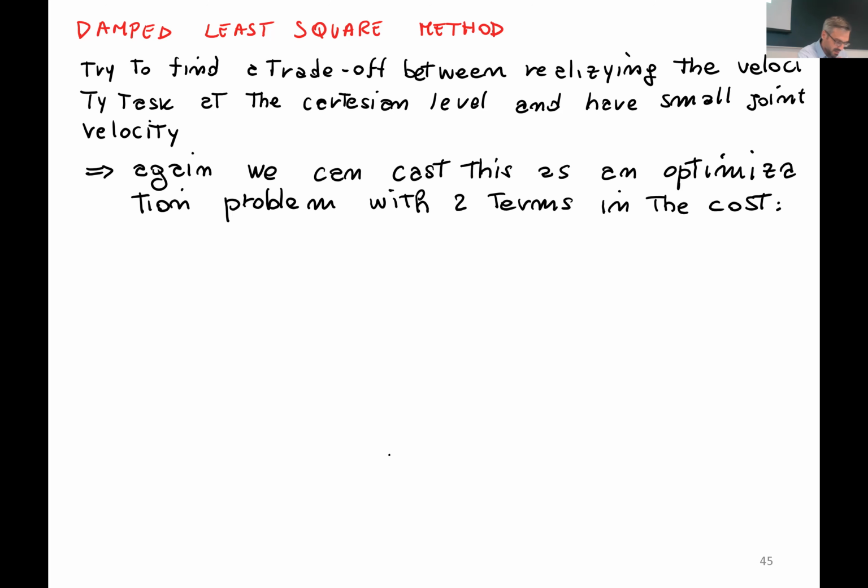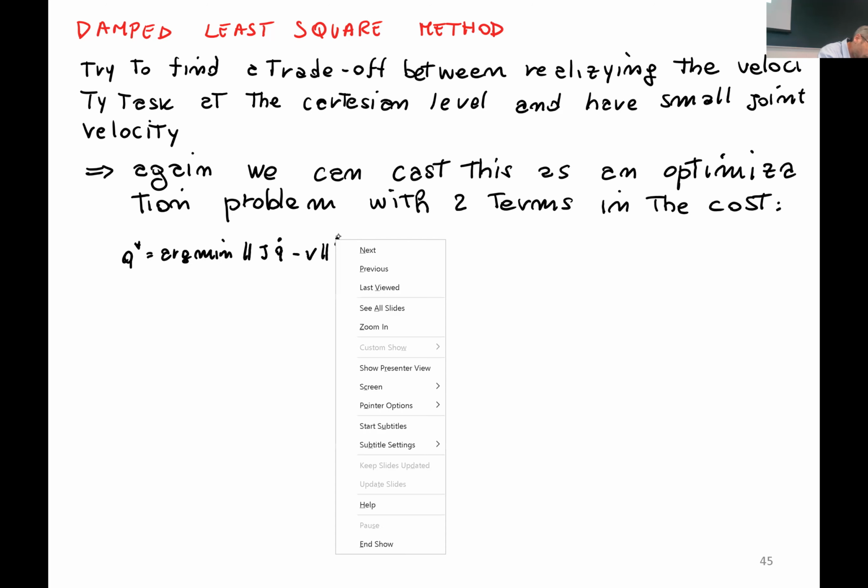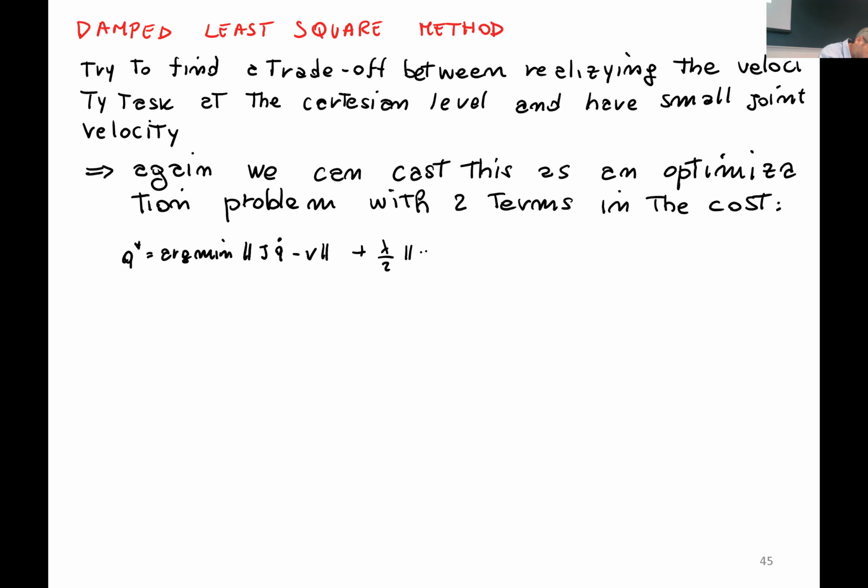Again, we can cast this as an optimization problem where we try to minimize the error at the Cartesian velocity plus another cost that tries to minimize the joint velocity.